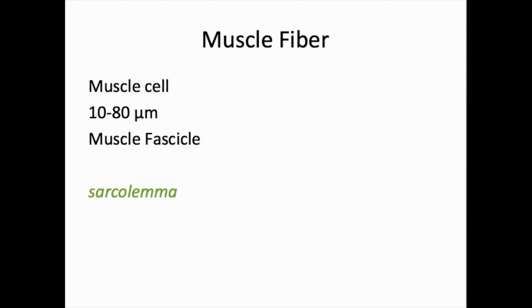Diameter of a muscle fiber is around 10 to 80 micrometers. The cell membrane is called the sarcolemma, and it also contains thin collagen fibrils. Connective tissue coat, which surrounds the group of muscle fibers, separates them into fascicles.